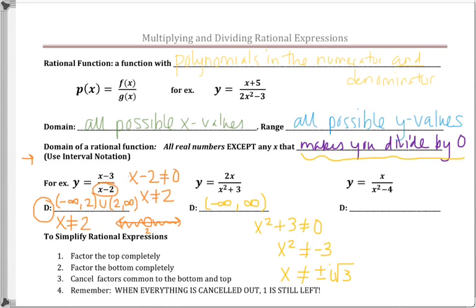And the last one, if we do the same thing again, we're setting the denominator not equal to 0 because we can't divide by 0, and we get x squared cannot equal positive 4. Well, if we take the square root of both sides here, we're going to get that x cannot equal positive or negative 2, because if I square either of those numbers and subtract 4 from them, I get 0.